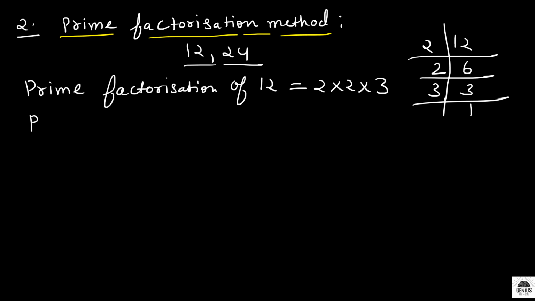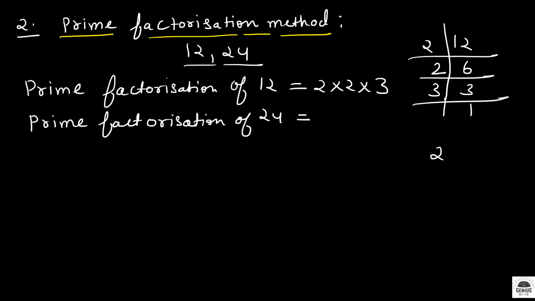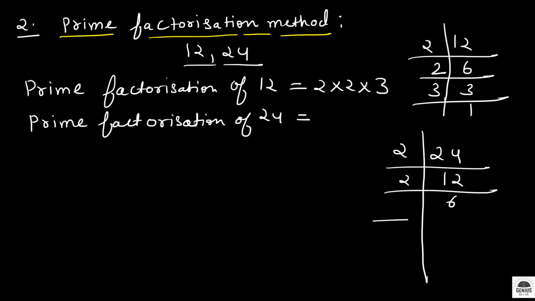Now we will prime factorize 24. Again we will start with the smallest prime factor which can divide it exactly. So 2 twelves are 24, now 12 is again divisible by 2, and 6 is also divisible by 2, and then 3.